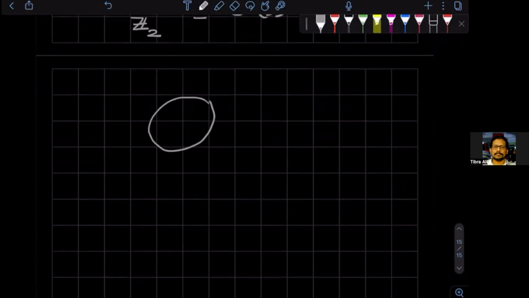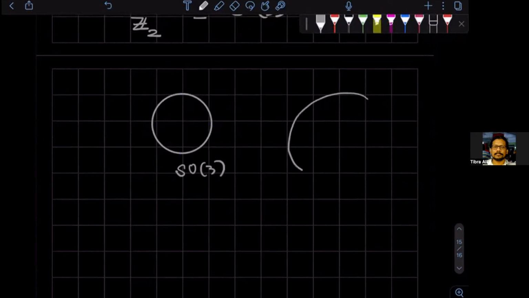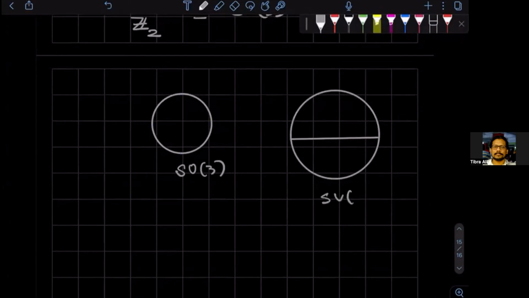So you're saying that this is SO3, and this is basically SU2, and for any rotation in SO3, Sir, I think it will be reversed, because it's 2-to-1 from SU2 to SO3, so it won't be a map from this direction. Right, okay, yeah.